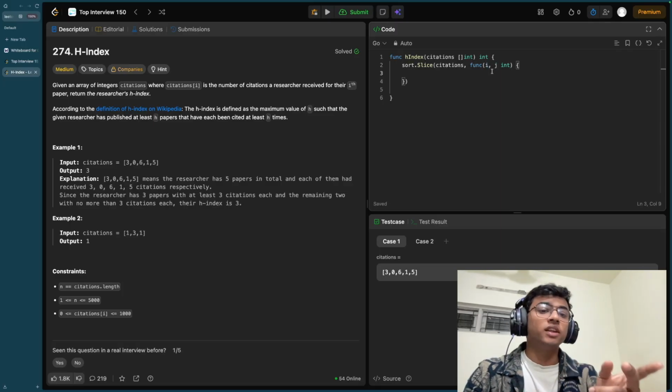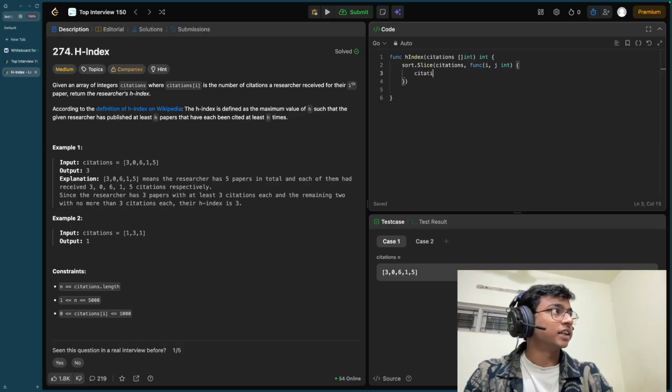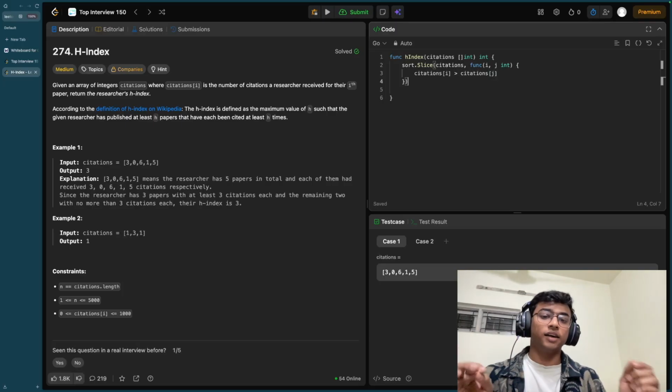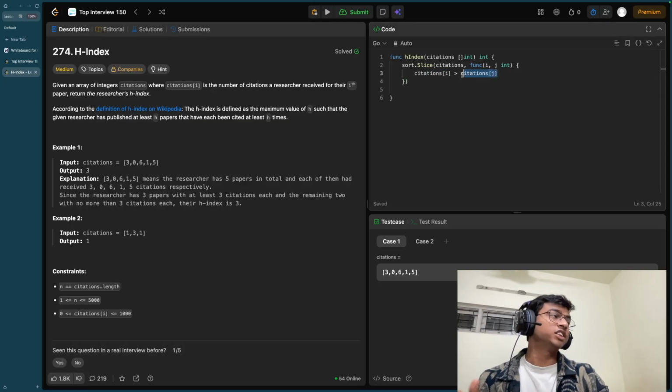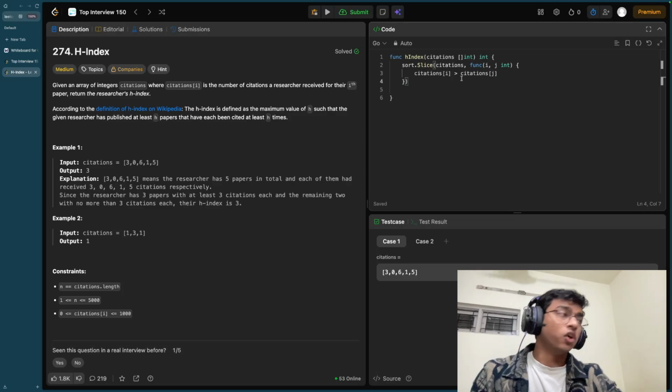To compare between both of them, we basically say that citations i should be greater than citations j. So this should ensure that our citations are arranged in descending order, where citations i is always greater than citations j.